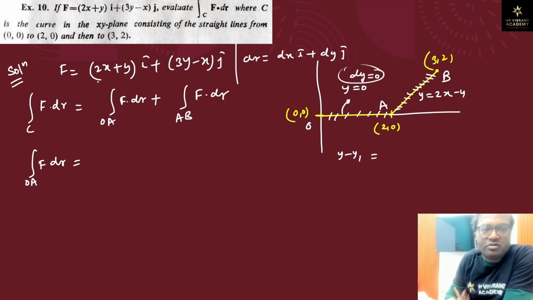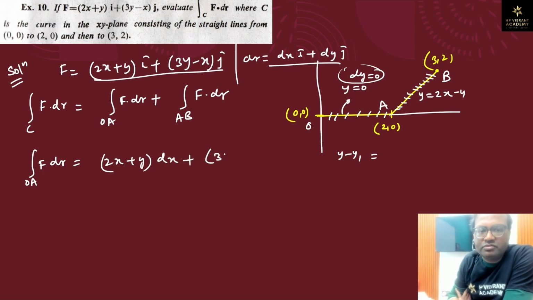Let us take the dot product: we have (2x plus y) into dx plus (3y minus x) into dy. The value of this is along OA, so y is equal to 0, and here dy will also be 0. So this particular term vanishes.